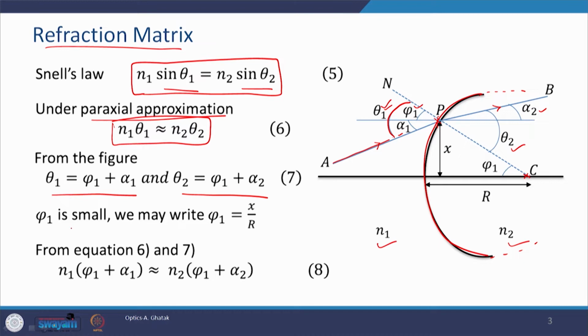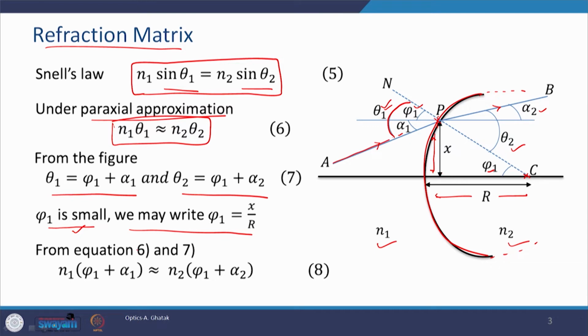Since we are in the paraxial regime, phi 1 is small, and therefore from the figure we can write phi 1 is equal to x by R, where x and R are the height of point P and the radius of curvature of the spherical surface respectively.